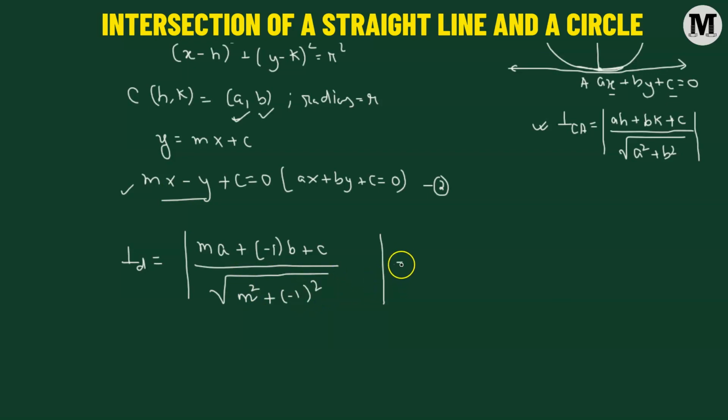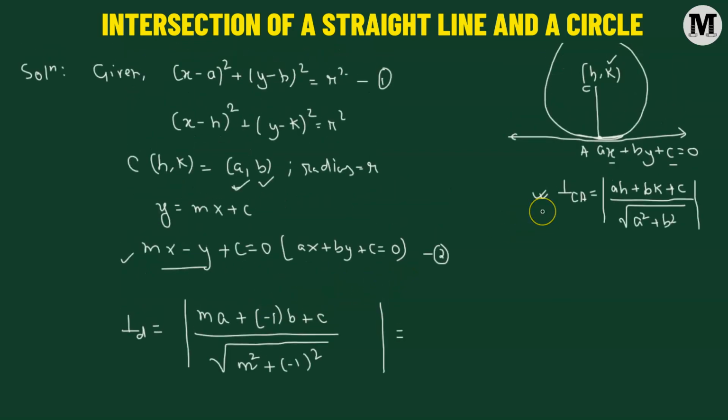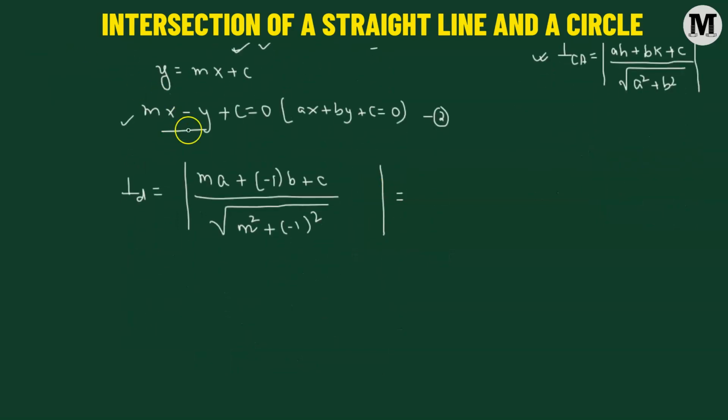Fine. And if we go to a diagram, this perpendicular distance is nothing but the radius of the circle. And since the radius of the circle is r, this perpendicular distance must be equal to the length r. The further simplification is going to give us absolute value of ma minus b plus c divided by the square root of 1 plus m squared equals r.